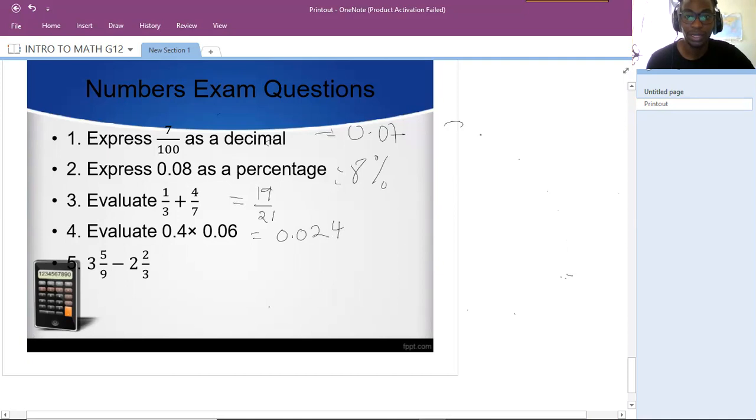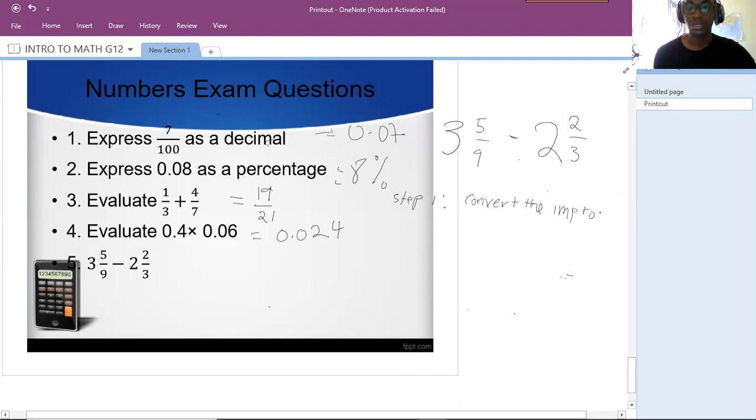So a whole 3, 5 over 9, minus a whole 2, 2 over 3. So the first thing that we have to do here, our step 1, step 1 is that we have to convert the mixed fractions to improper fractions.